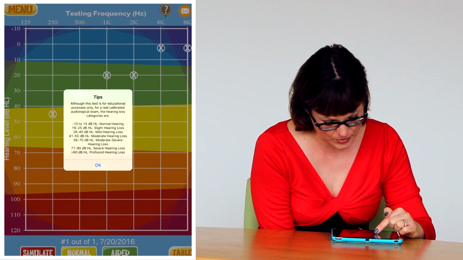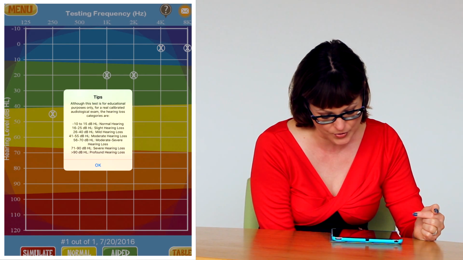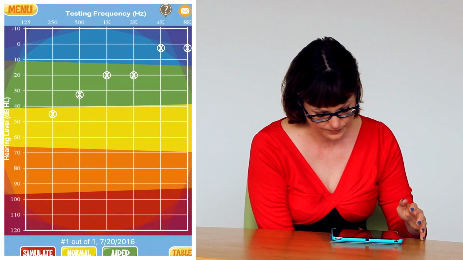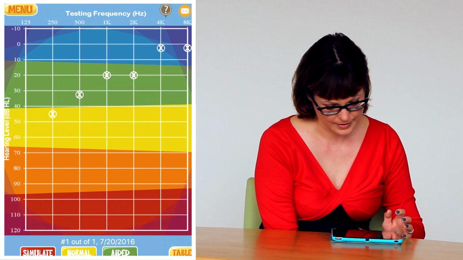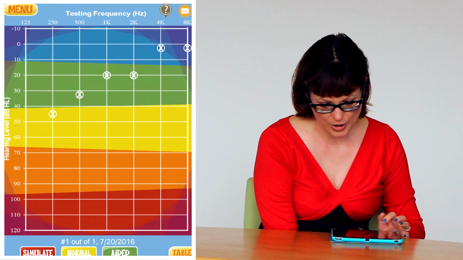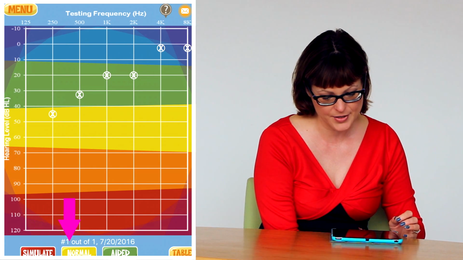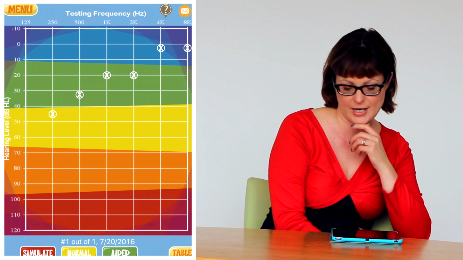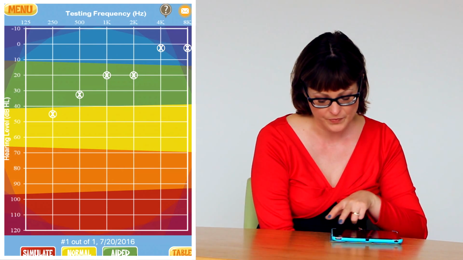And if we look at this table here, that suggests there's moderate hearing loss within that range. There's also an option at the bottom to simulate what sound appears to the person who's taken the test. So it can be good for understanding the hearing loss that someone else has experienced.